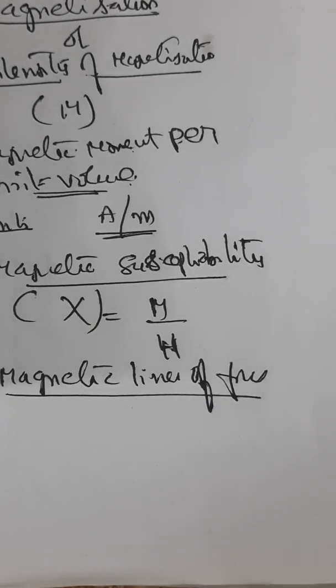The next thing we need to understand is magnetic induction field strength, or simply it is known as magnetic flux density, represented by B.